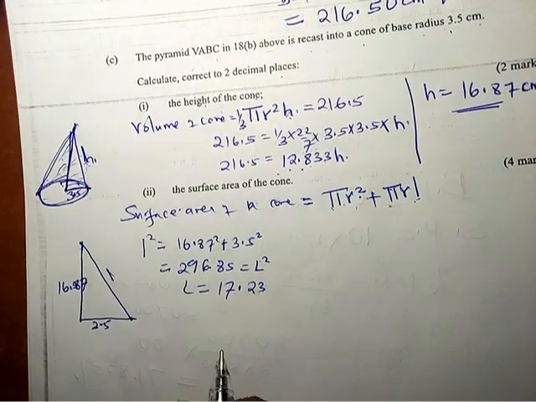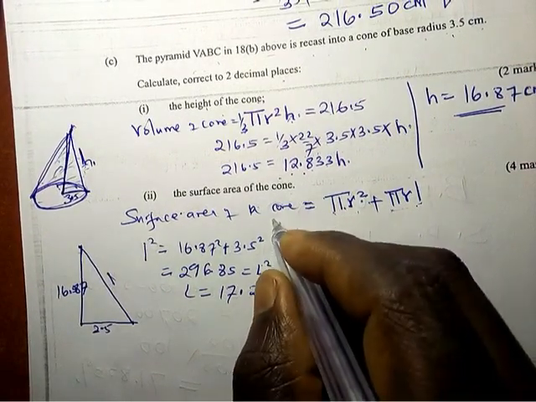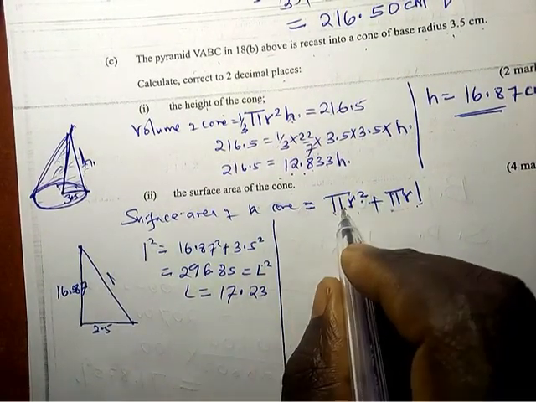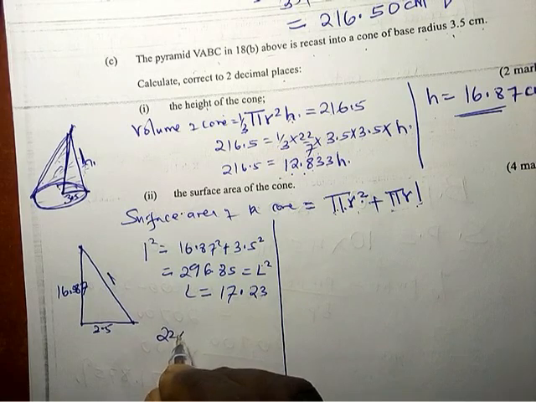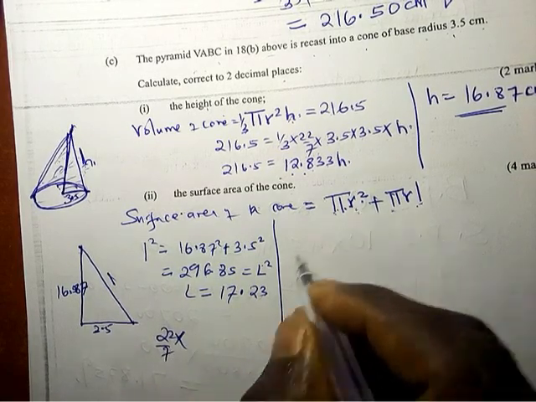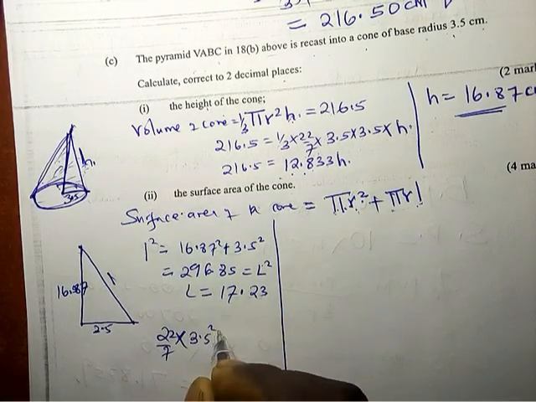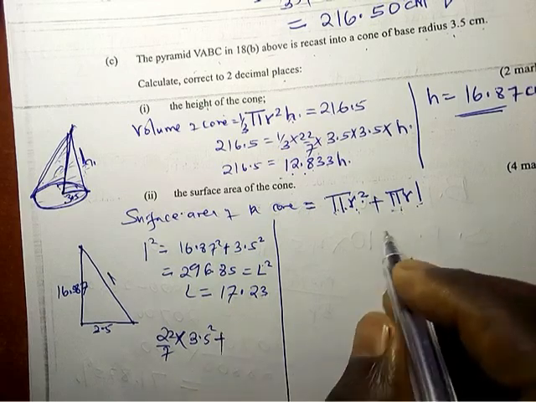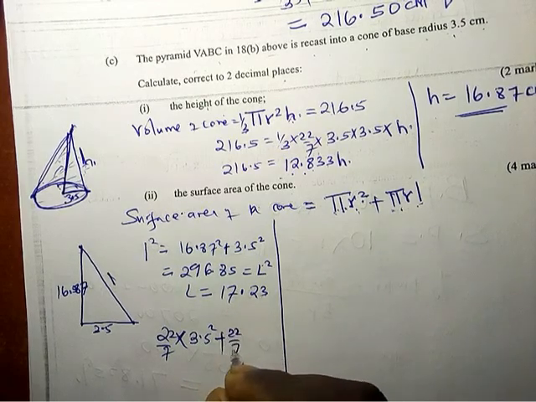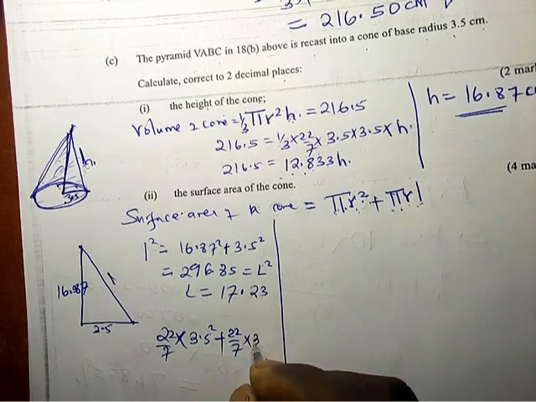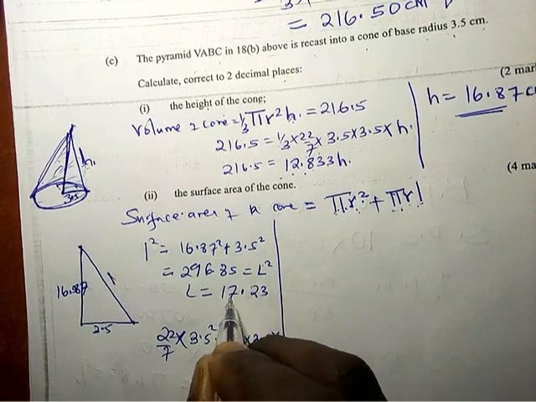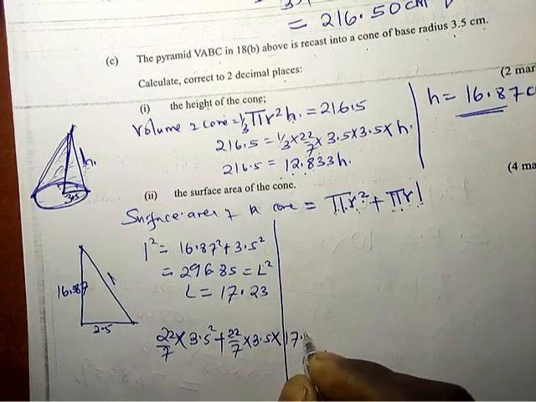Now tukishapata the slant height, we apply our formula. Pi, that is 22/7 times radius 3.5 square plus curved surface area, which is 22/7 times radius 3.5 times 17.23.